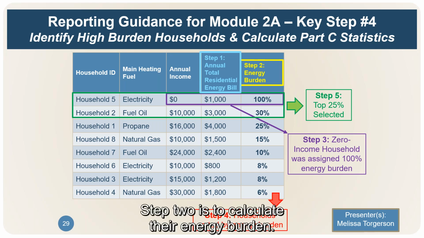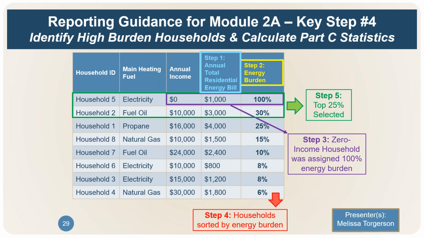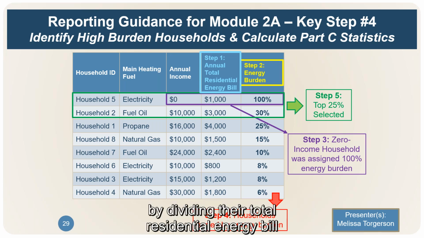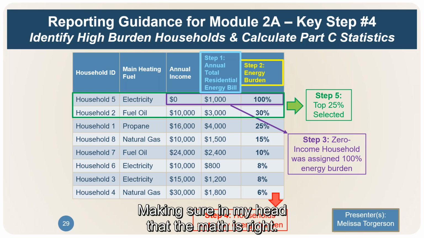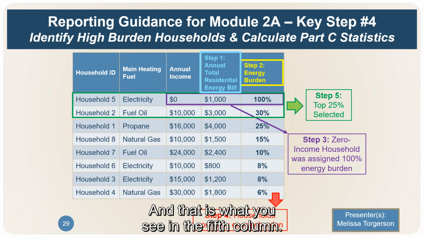Step 2 is to calculate their energy burden. And so we do this by dividing their total residential energy bill by their annual income, making sure in my head that the math is right. And that is what you see in the 5th column.